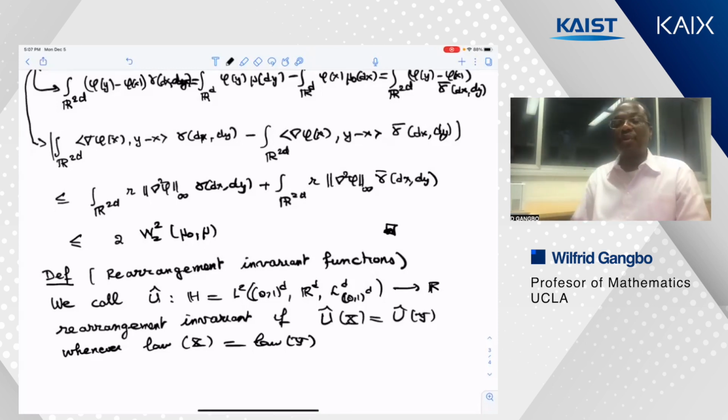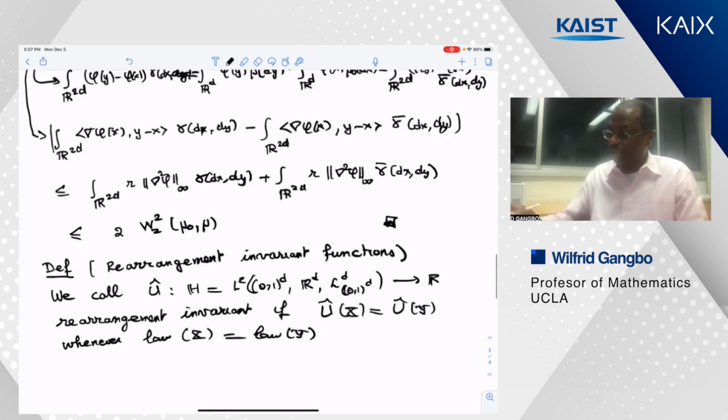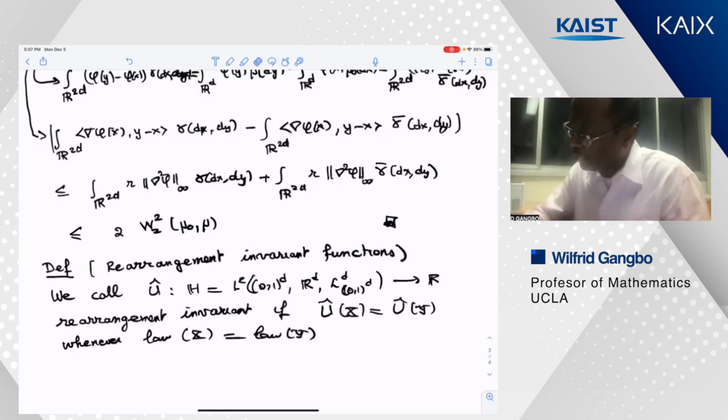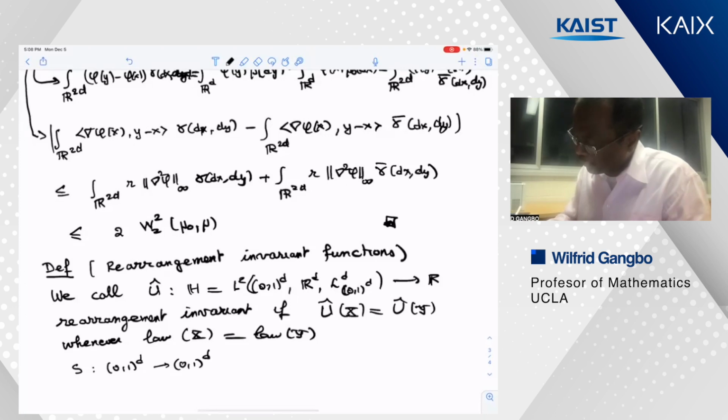Just as a curiosity, this terminology was motivated by the following fact. Assume that you have S from (0,1)^d into (0,1)^d, which pushes the Lebesgue measure to Lebesgue measure.